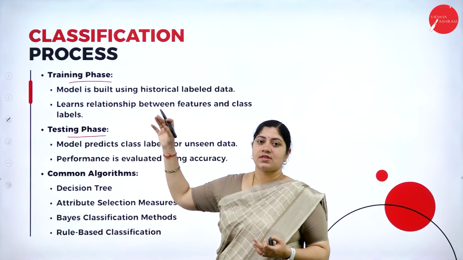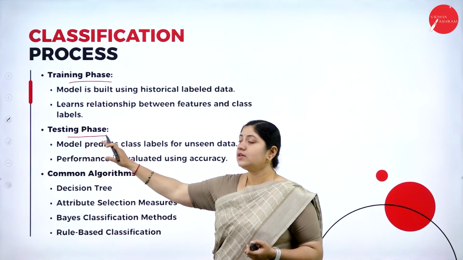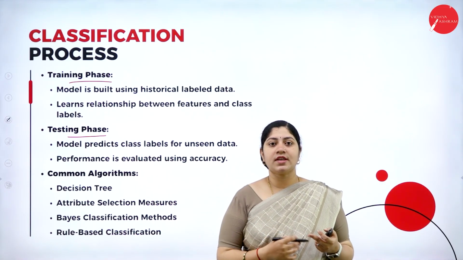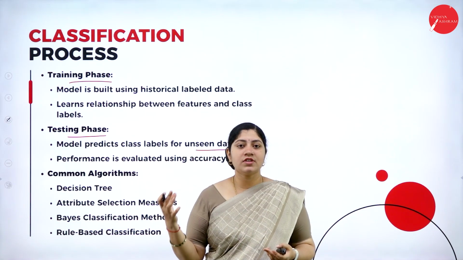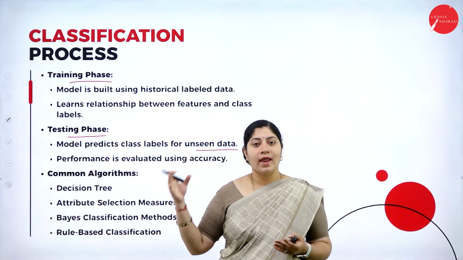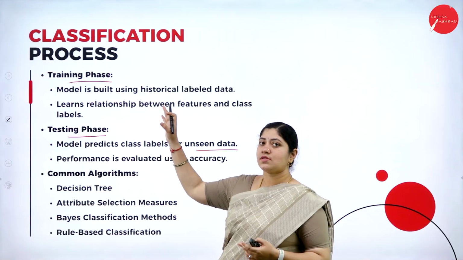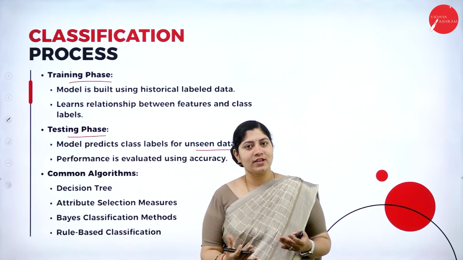That is what will be done under the training phase. Next is the testing phase. Under the testing phase, the model predicts the class for unseen, or we can say invisible, data. Then the performance is evaluated based on accuracy. So this is the evaluation phase and this is the training phase. These two are very important with respect to classification.